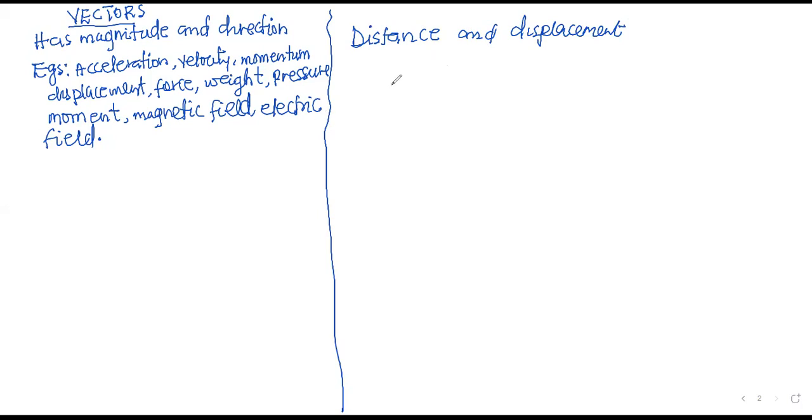The distance is the interval between two points in a straight line.